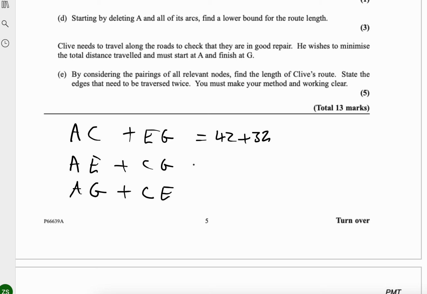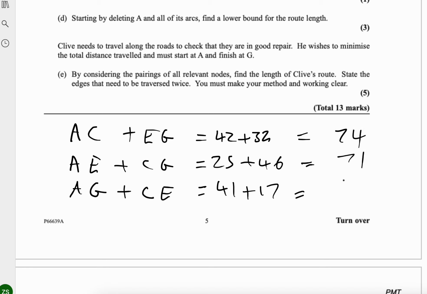AE plus CG is 25 plus 46. And AG plus CE is 41 and 17. Which of these is the smallest total? The last one. So we have 74, 71, and 58. Therefore we want to connect A to G and C to E.